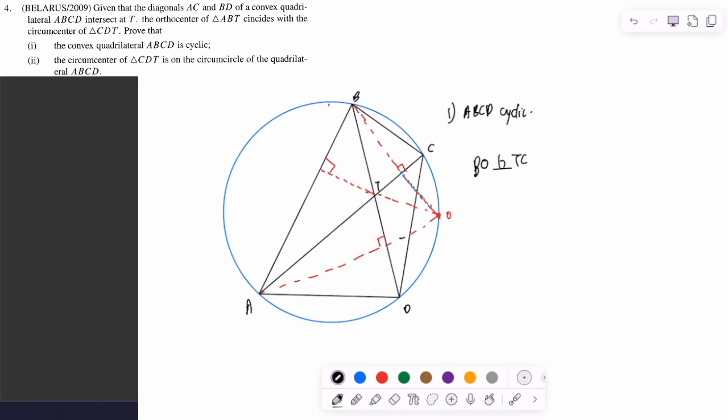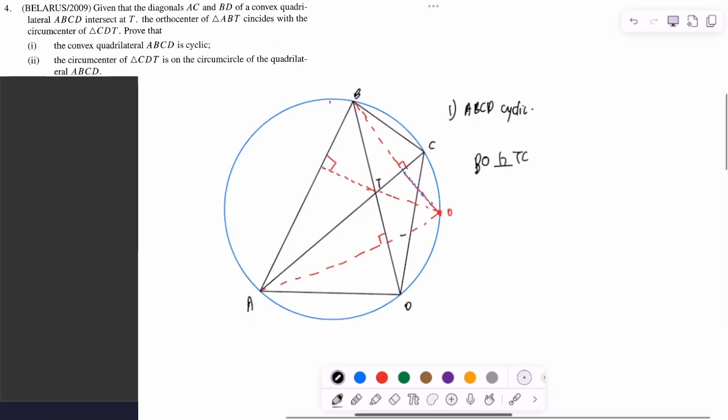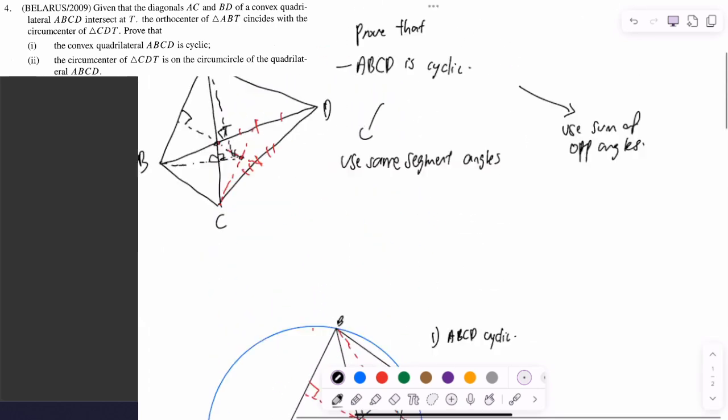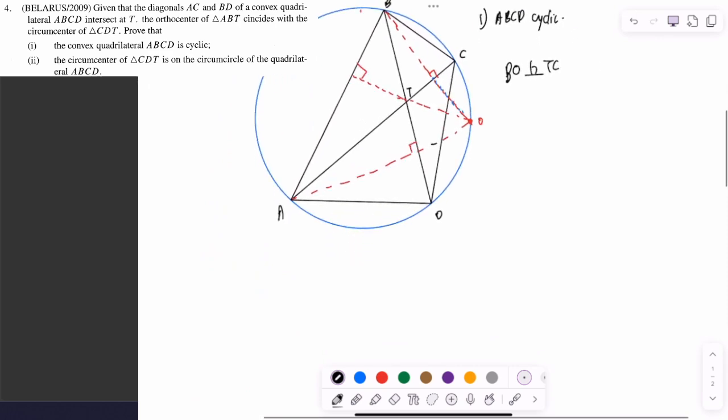And not only is it perpendicular, sorry, I got something on the screen here.